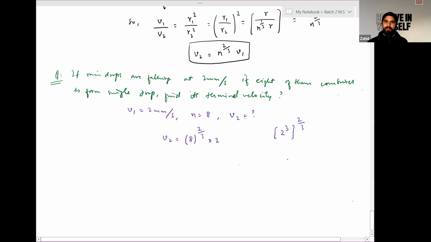Power raised to power will get multiplied. So it will be 2 raised to 3 times 2 by 3. So the 3 and this 3 will cancel out, and you're left with 2 to the power 2 only. That will be 4. So this will become 4 into 2, that will be 8 mm per second. Is it clear?